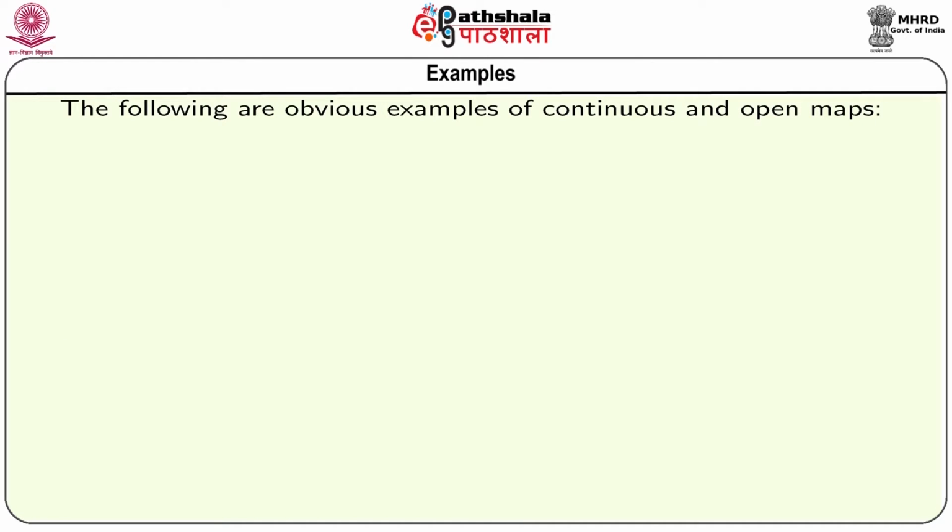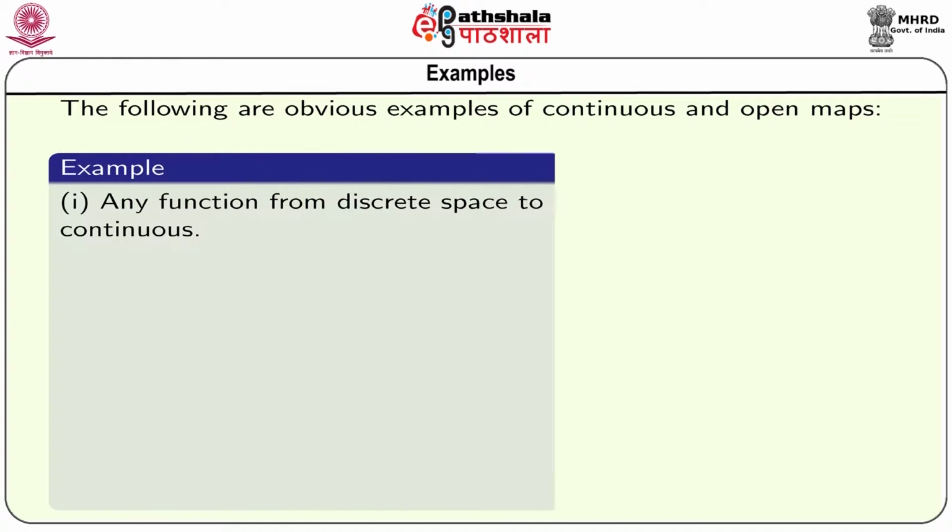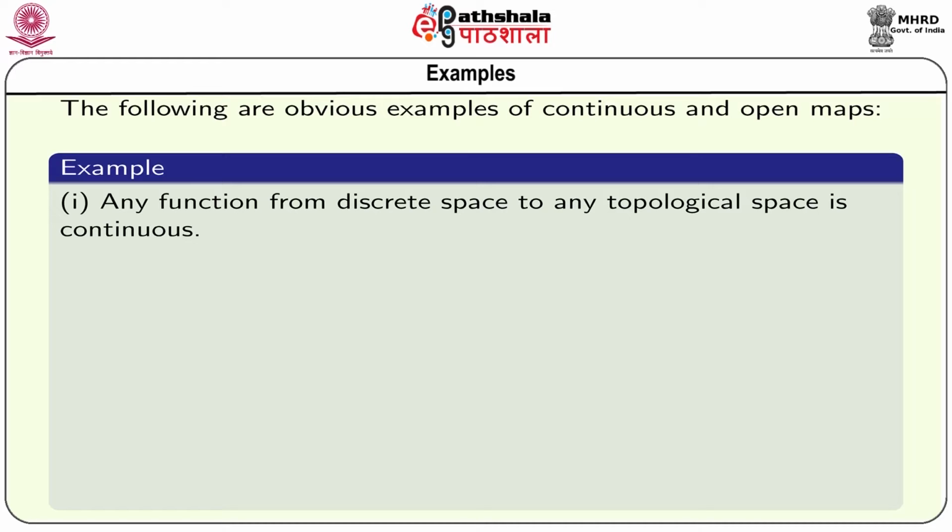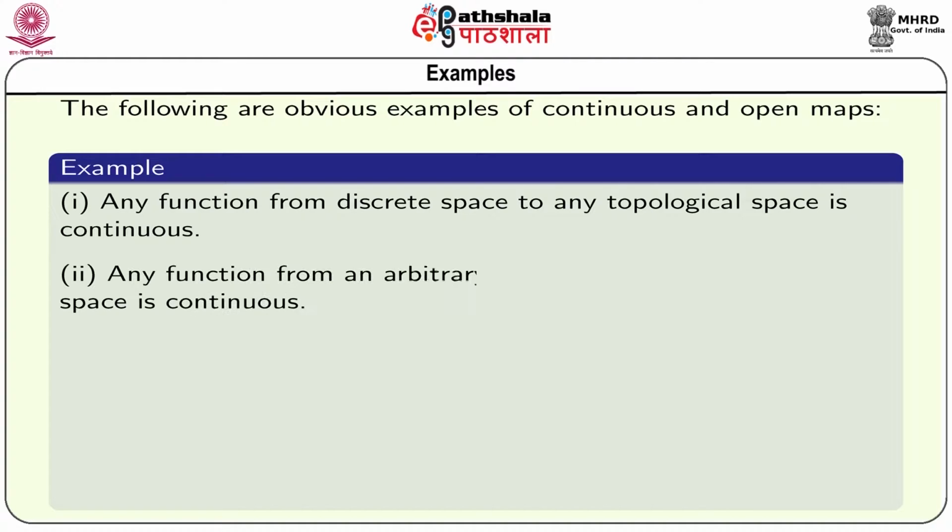Now, the following are obvious examples of continuous and open maps. The first one is, if we take any function whose domain is a discrete space, whatever be the codomain, the function will be continuous. Any function from an arbitrary topological space to an indiscrete space is always continuous.